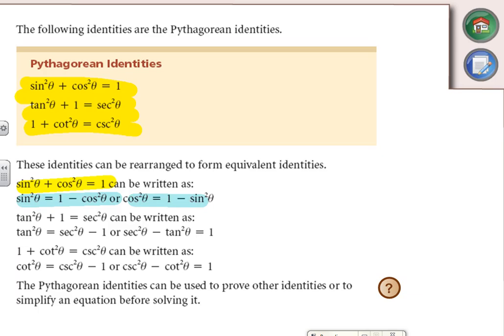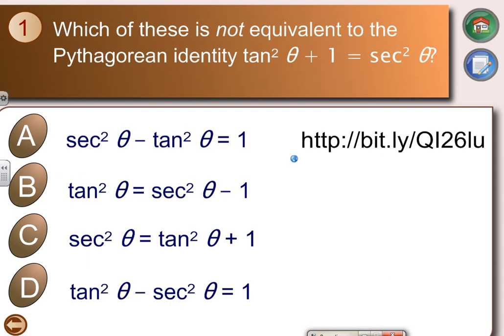You have to be able to identify them. Anytime you've got any squareds, look for one of these or rewriting them as an option. So now there's your bit.ly link to check it out, see which ones you can rewrite, which one is not equivalent to the others.